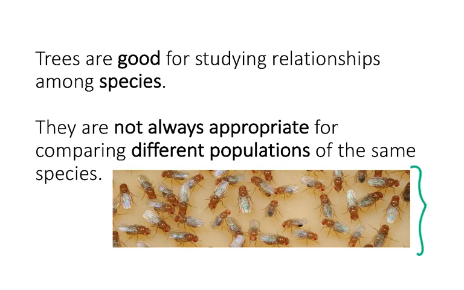So these individuals are all the same species of fruit fly. If we wanted to compare these different populations, a tree might not be appropriate for that. And that's because in many cases, the genes that we're using to build these trees might not be different enough to actually have patterns on trees that are informative for us.